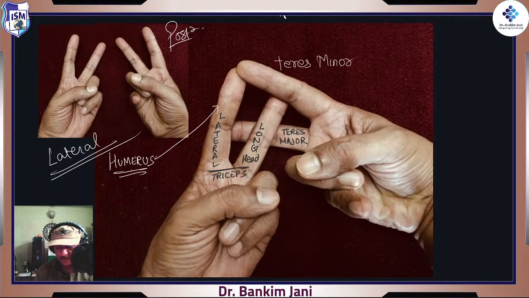So now this one is our quadrangular space, this one is our triangular interval, and this is our triangular space. True? So that is the quadrangular space.